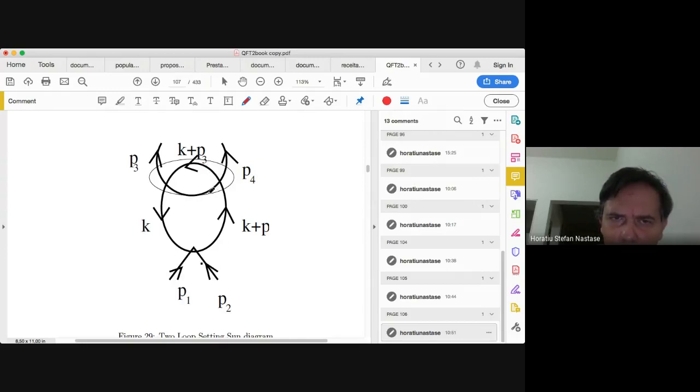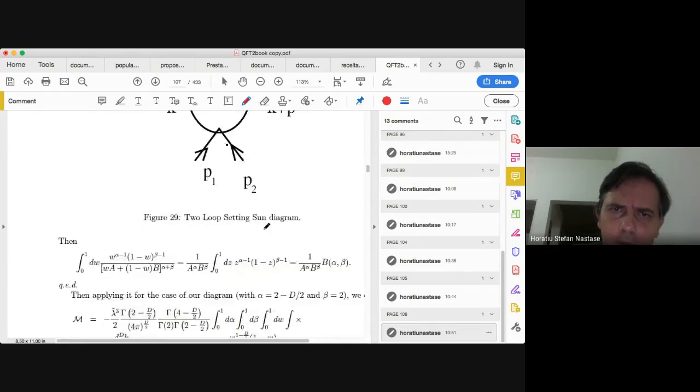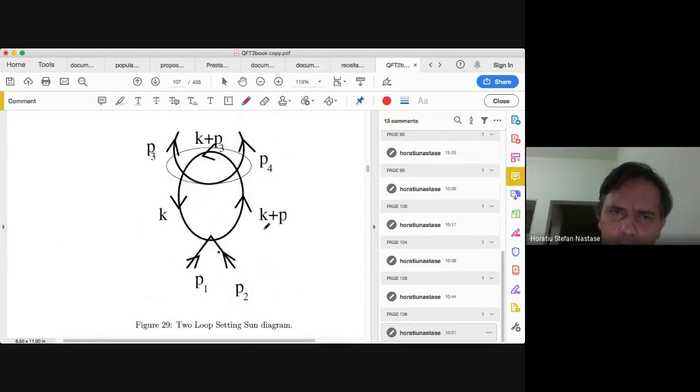This line would be k plus p3 plus p4 minus k plus p minus k plus p3 minus k minus p3 minus p4. Minus p3 minus p4 is equal to minus p1 minus p2, which is p. So it seems to be 0. What happened here?